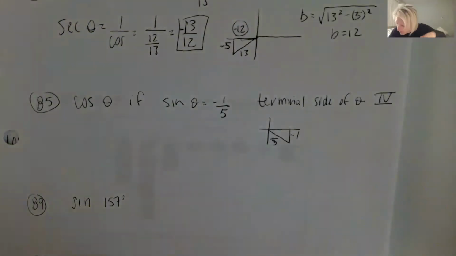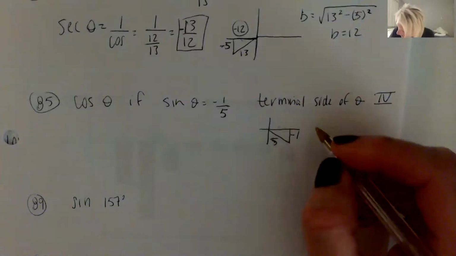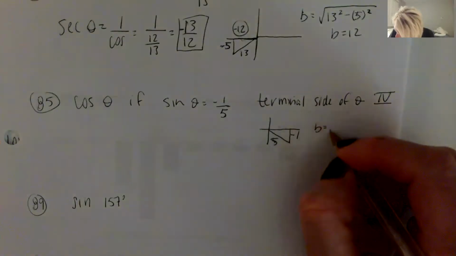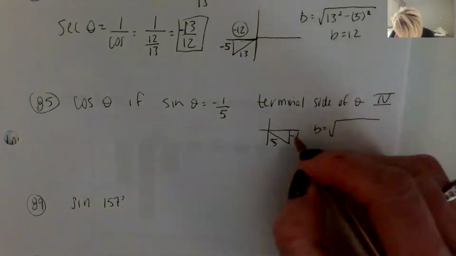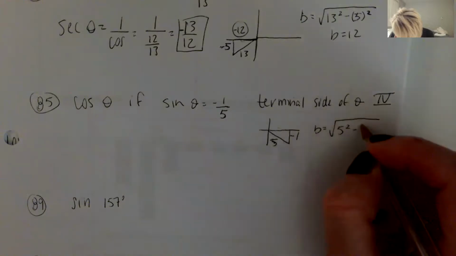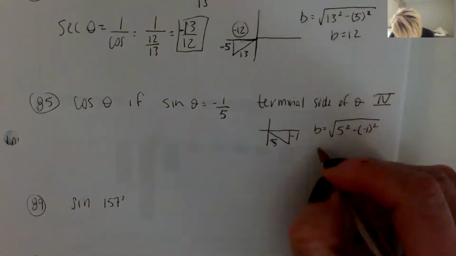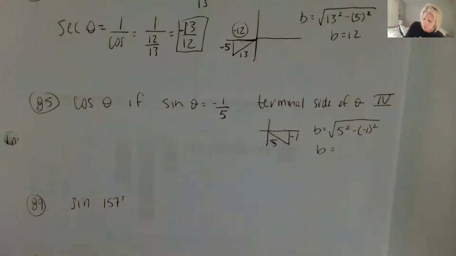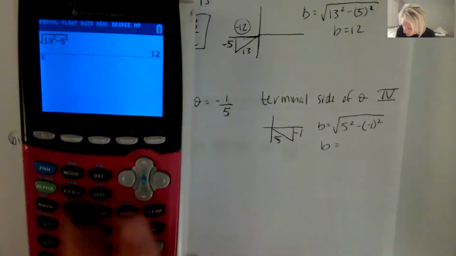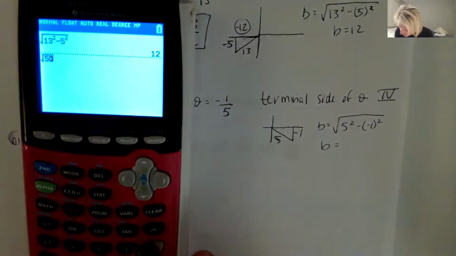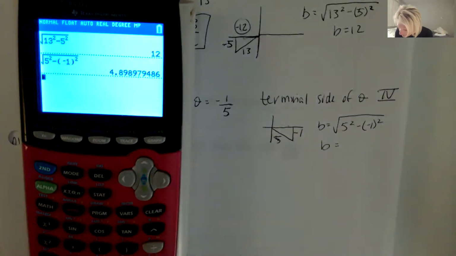Okay, so we have to again find our adjacent side, B, by taking the square root of 5 squared, subtracting -1 squared.